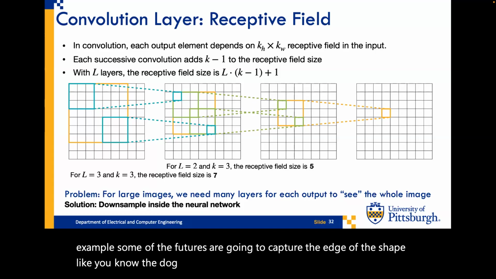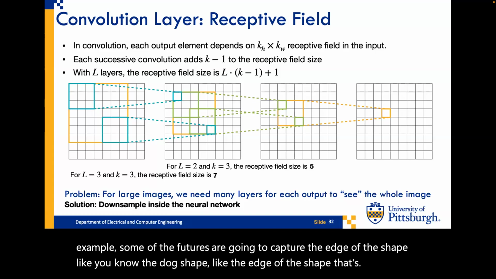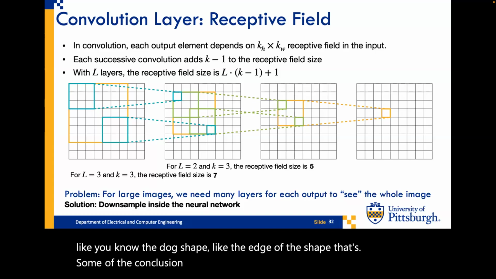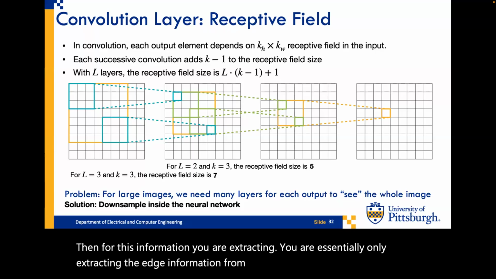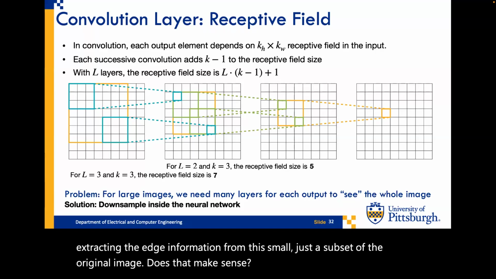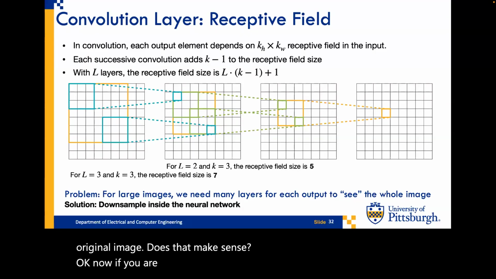If that's the purpose of this filter, then you are essentially only extracting the edge information from just a small subset of the original image. Does that make sense? Okay. Now, if you are looking at this input, then it's extracting the information from this small piece, right?